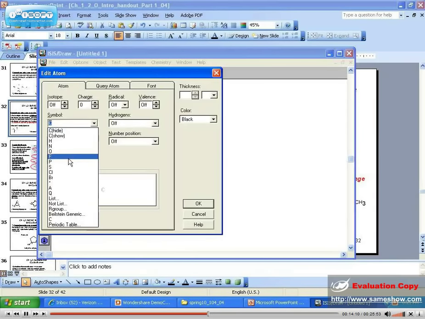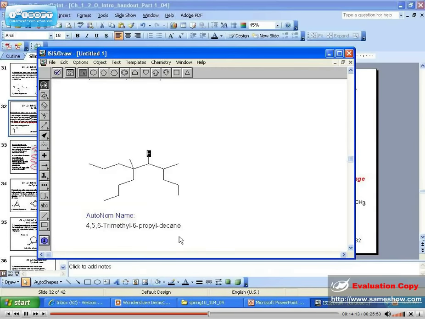Let me go ahead and change that back. Alright, so let me rename it again. There we go. So we have a 5-fluoro, 4,6-dimethyl, 6-propyl decane. Let me clean that up really quick.